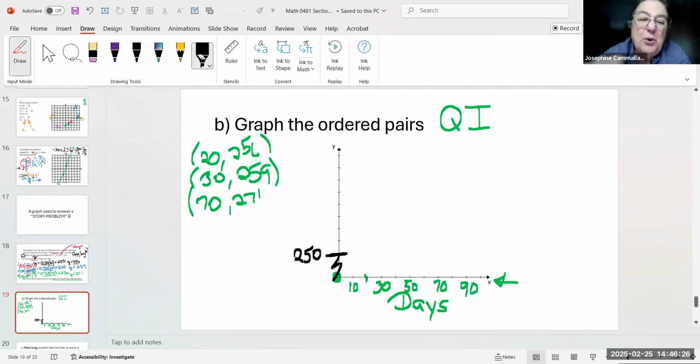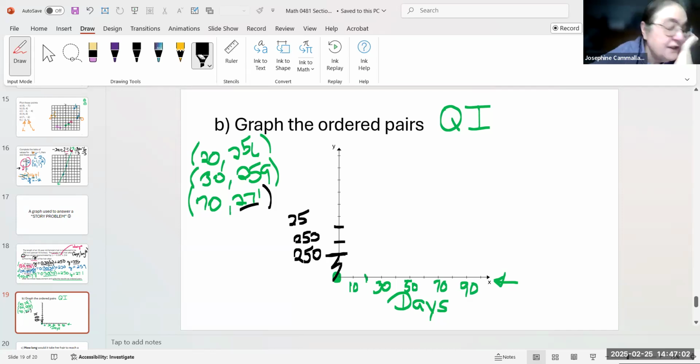Okay. Now notice I have 1, 2, 3, 4, 5, 6, 7, 8 more little increments on my graph. Well, remember, I got to go past 270. Okay. Well, let's just say that I'm going to call this 253, 255, or 256.